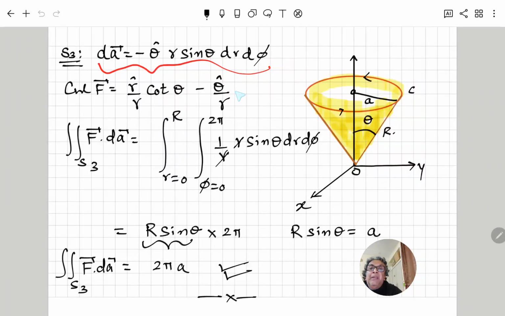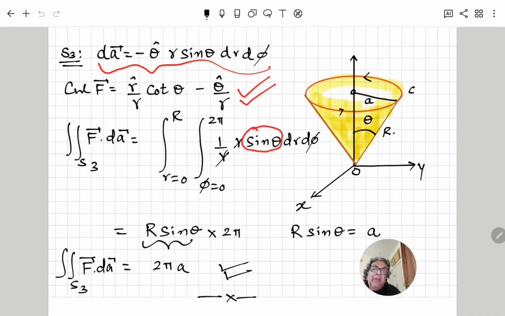Minutes before, we had calculated the curl of our vector field, that is r cap by r cot theta minus theta cap by r. So definitely when I take f dot dA, only this term survives, and this becomes r equal to 0 to capital R, phi equal to 0 to 2 pi, 1 by r, and r sin theta dr d phi.